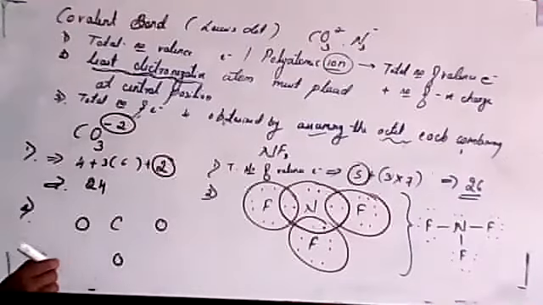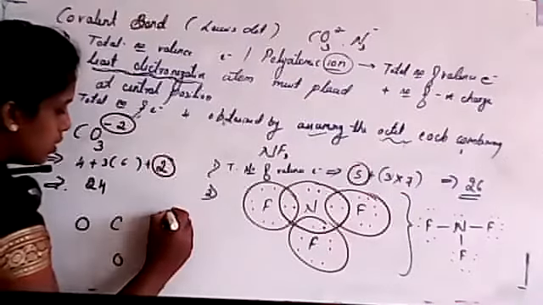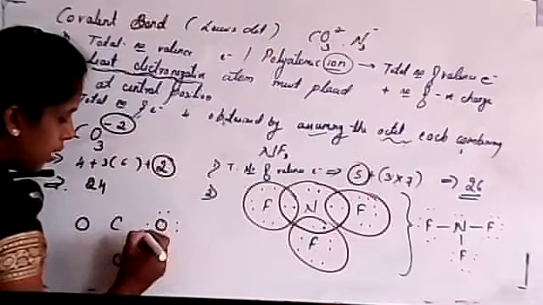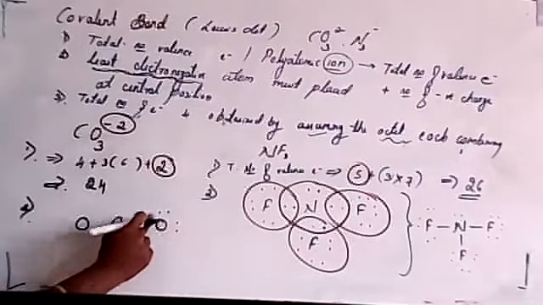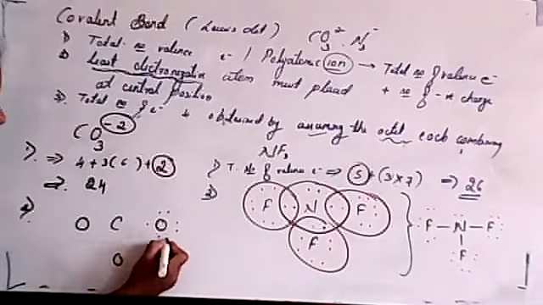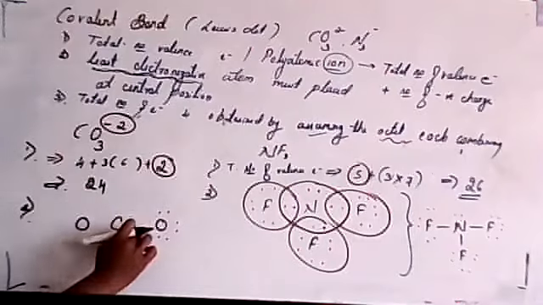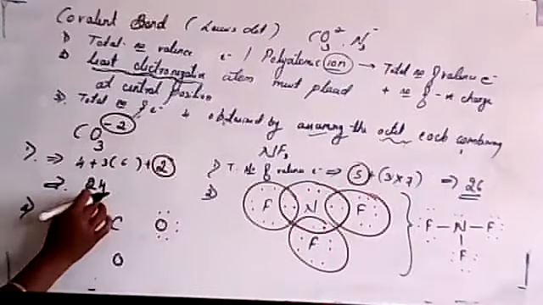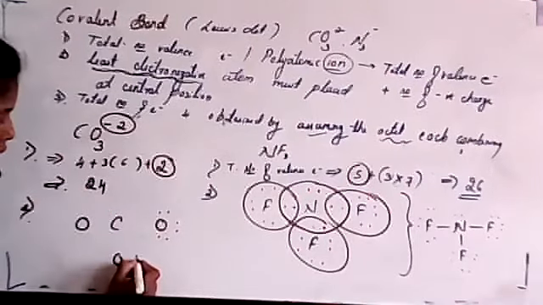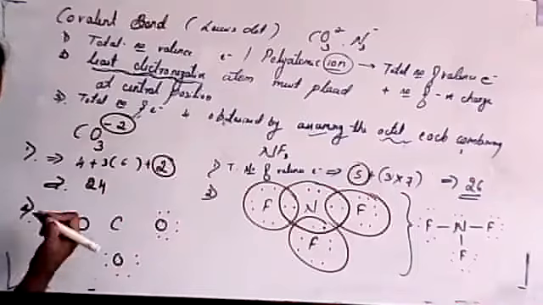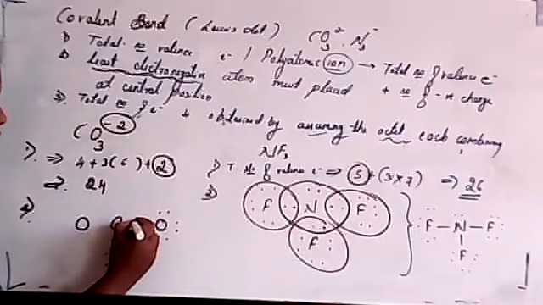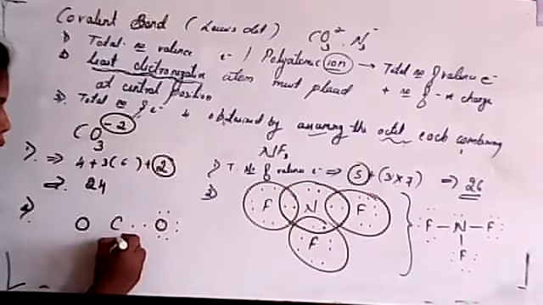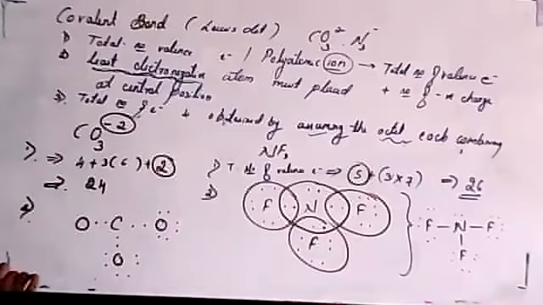In this case, 1, 2, 3, 4, 5, 6, 1, 2, 3, 4, 5, 6. Clear? So there are 24 electrons. Each atom has at least one bond.